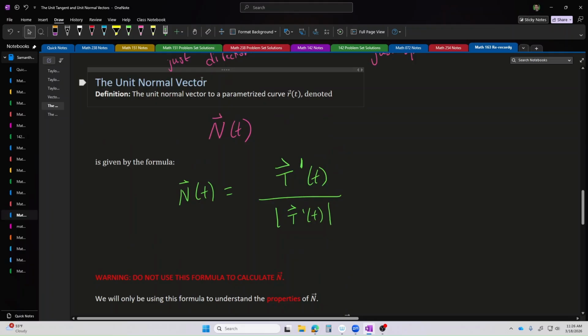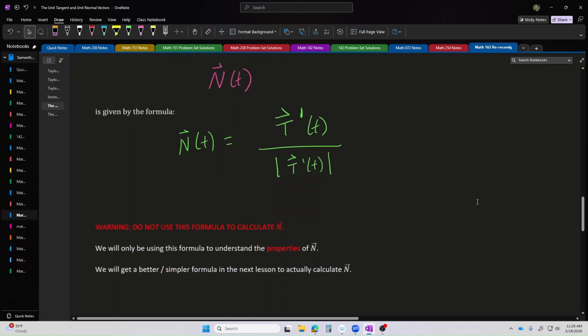Just as a heads up, even though the unit normal vector is defined by this formula, we will never be using this formula to actually calculate the unit normal vector for a given parameterized curve. This formula is fairly difficult to use for calculations.